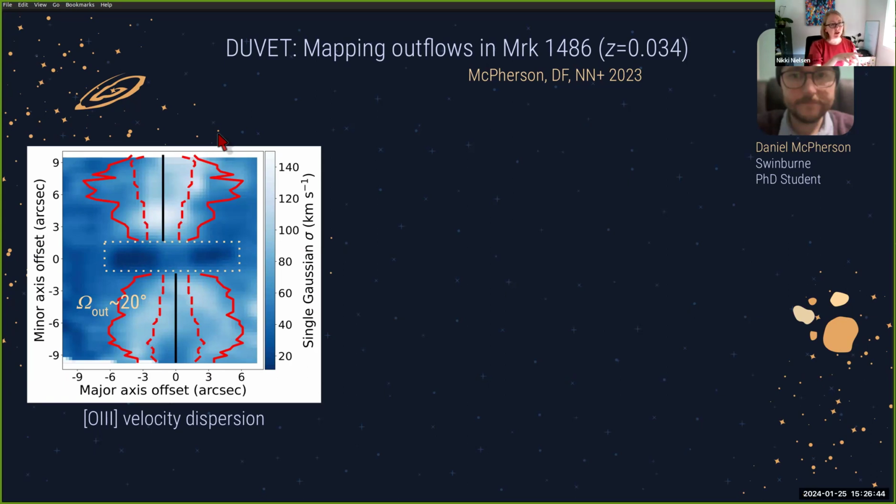He can fit several Gaussian profiles to that emission, where he seems to be seeing the edges of an outflowing bubble. He measures an outflowing opening angle of about 20 degrees, which is pretty typical for starbursting galaxies in the local universe. They tend to have opening angles of about 30 degrees.